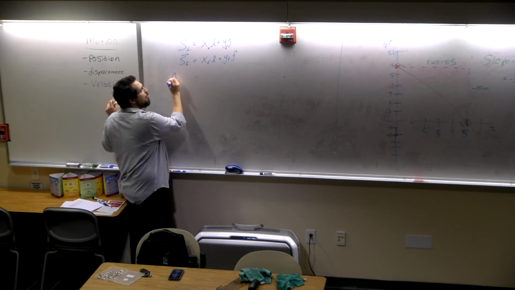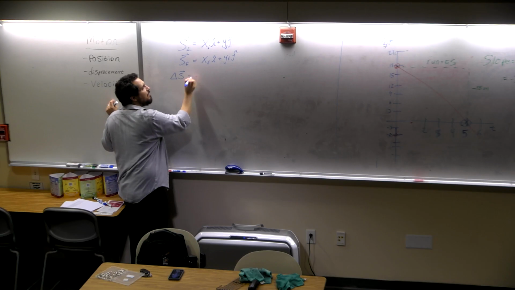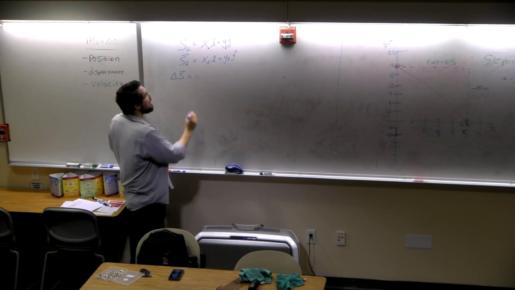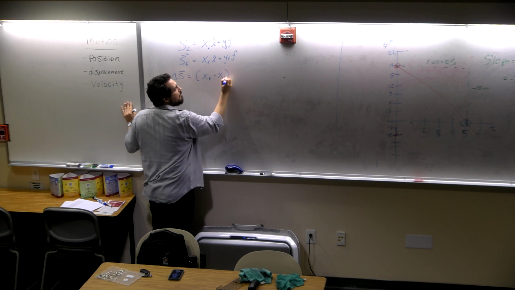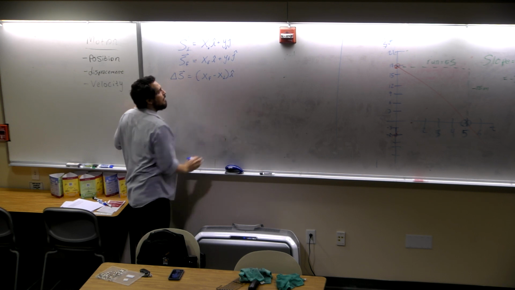So we find our displacement, and this is again just more generally where x final and y final stand in for just something. We then move on to say, well, what is our velocity going to be?